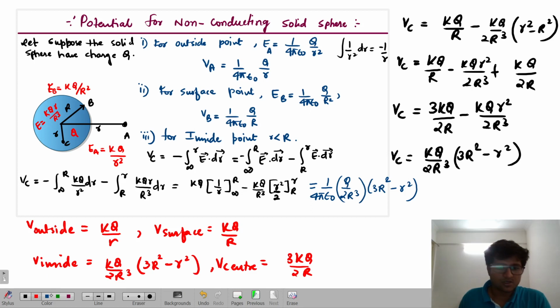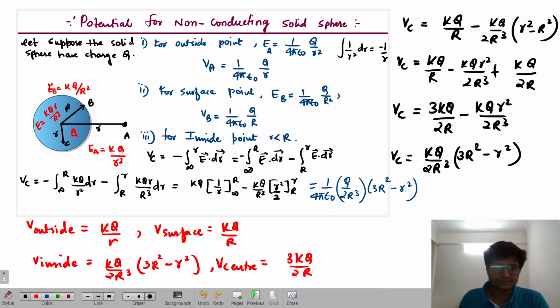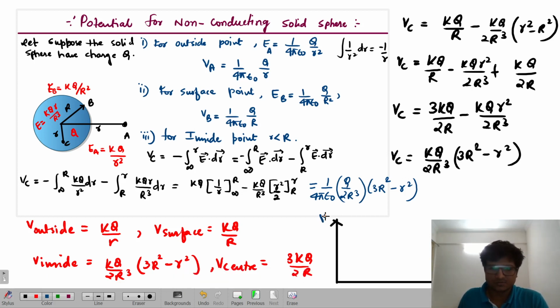So let's suppose if someone told you to draw the graph of potential with respect to position, then it's not a big tedious task right now. We know that potential is never ever zero, isn't it?